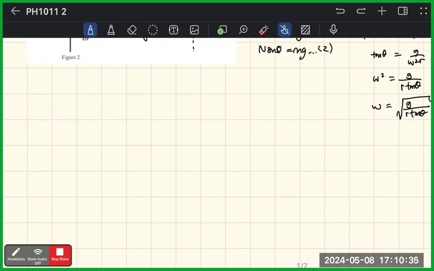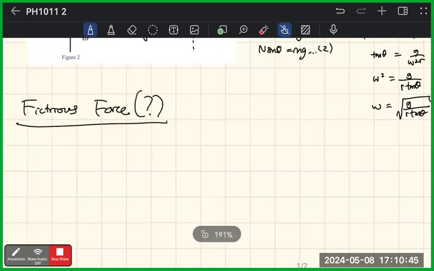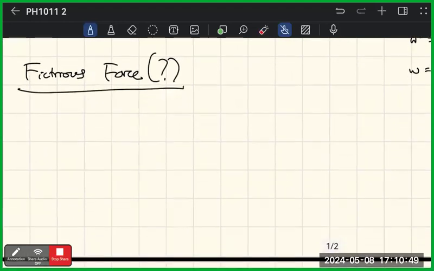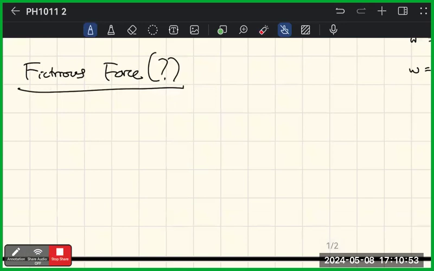So we'll touch on fictitious force. What is fictitious force? There will be no lecture or materials on this fictitious force in PH1011, but because it's physics, you can always use another method to solve a problem.